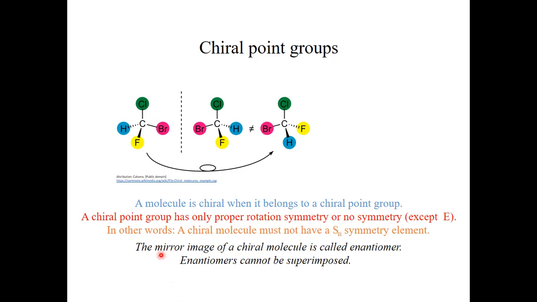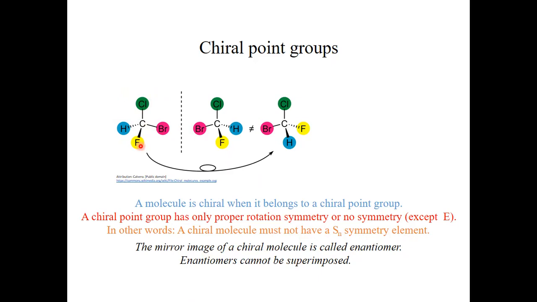So the mirror image of a chiral molecule is called an enantiomer, and an enantiomer cannot be superimposed. Okay? So you have here an example for this. So we have here the bromochlorofluoromethane molecule.